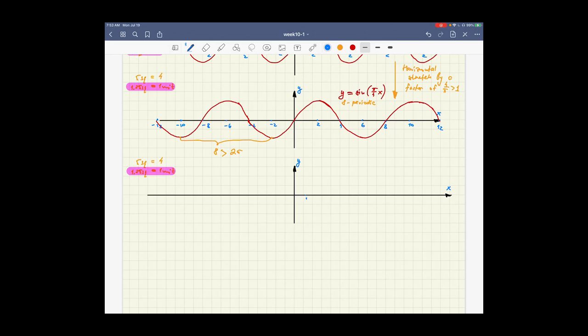And then 3 will be 3 times 1.25, that's 3.75 squares.